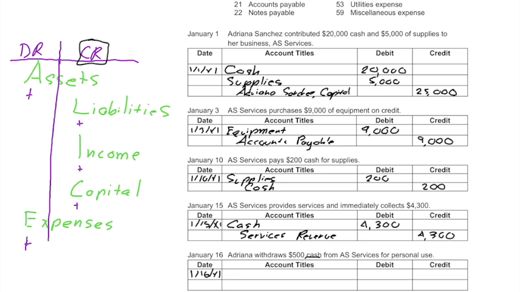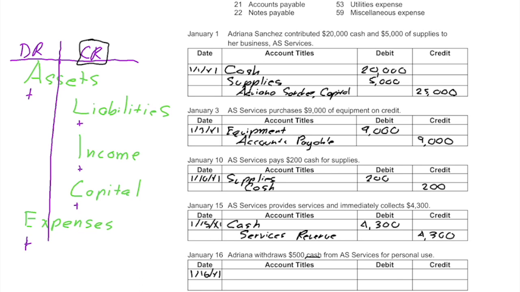Okay, so what else would it be if they're going to go ahead and be our debit? Well, this is where we're going to have an account up here called Adriana Sanchez Drawing. Drawing recognizes that an owner has come in and taken money out of the business. There's nothing wrong with that. It is the owner's business. We just go ahead and show that the owner took their money out of the business.